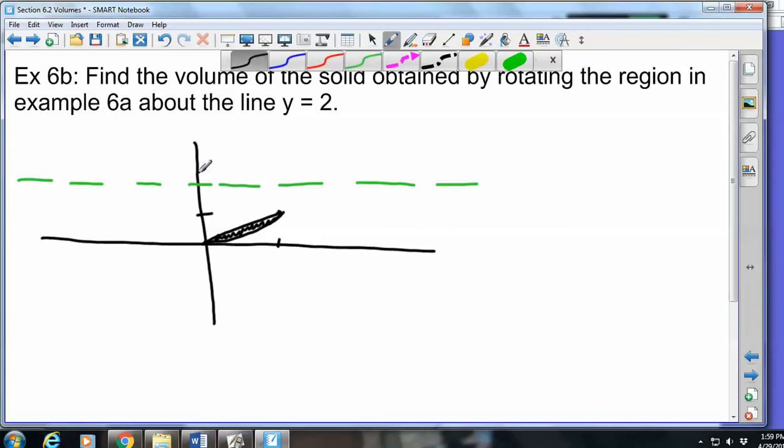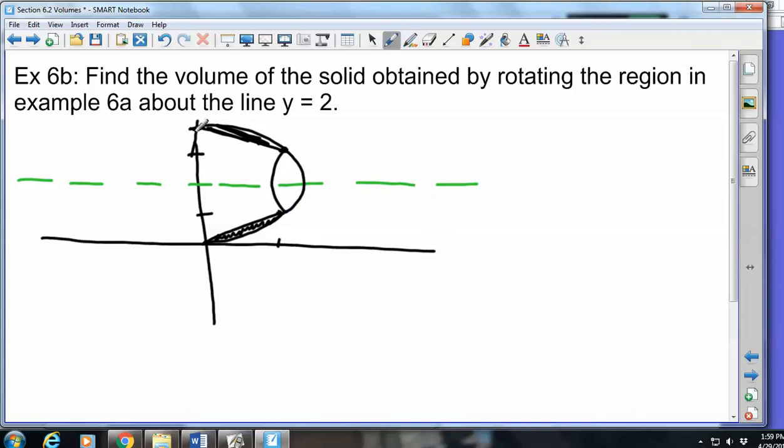Okay, so if I'm going to rotate around that line, think of it as if we just reflected it across first. Then this point would go up here. But I'm spinning these things. So it's kind of like a Christmas tree stand.